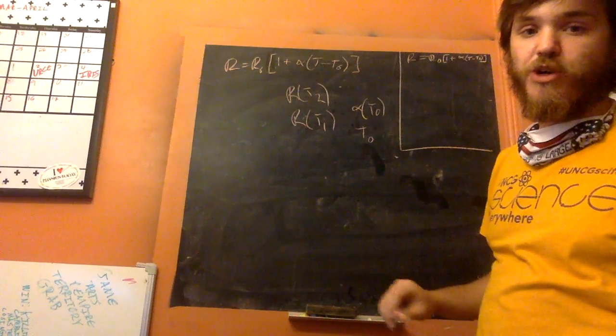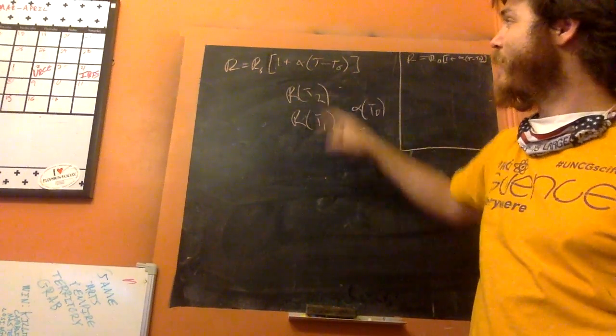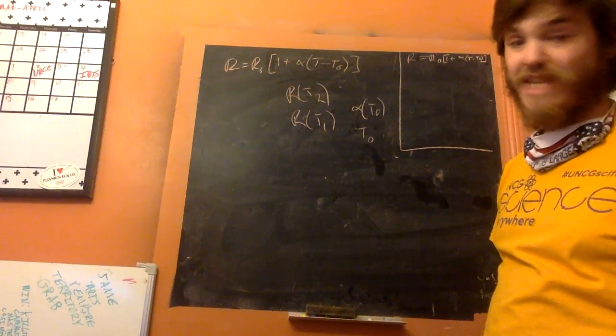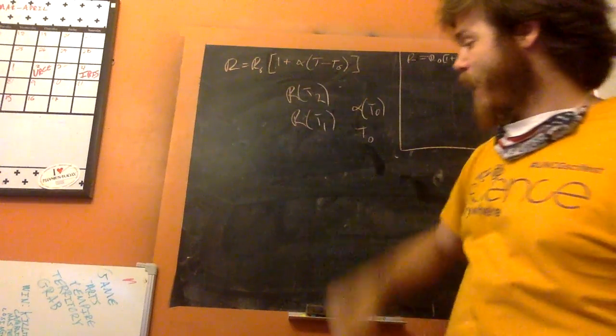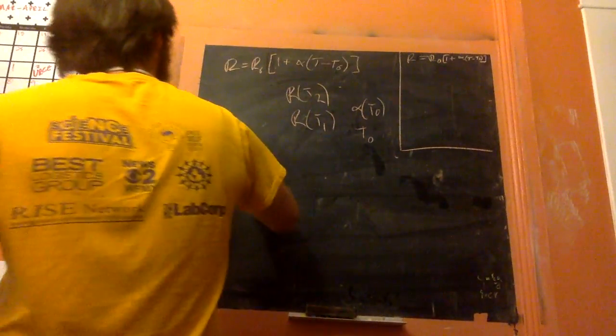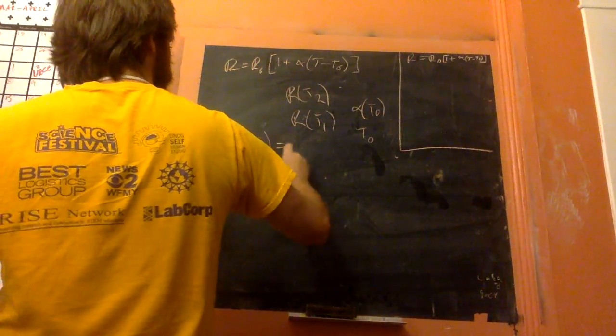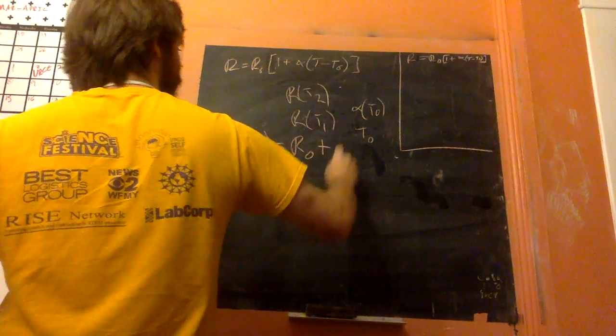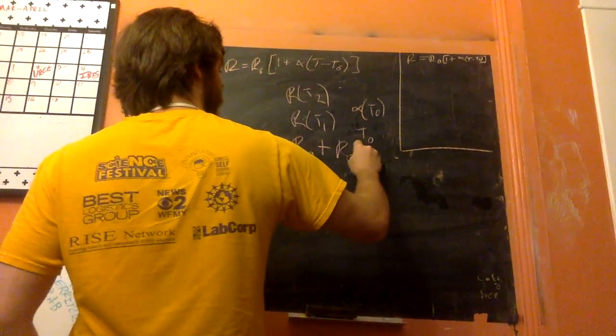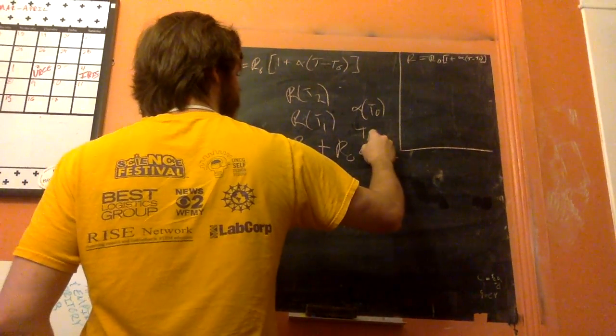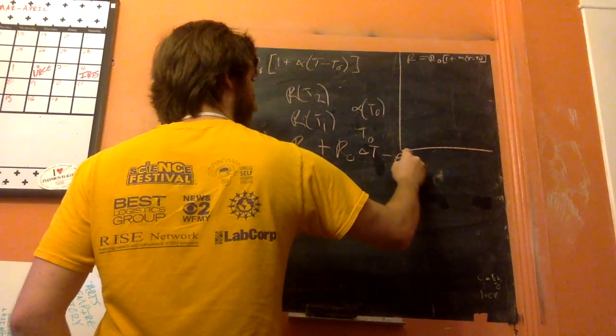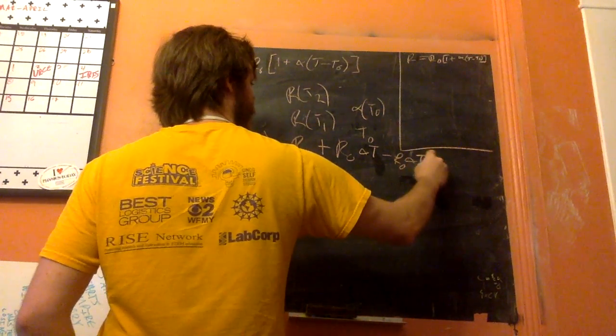So first thing we should notice is when we FOIL this out, we get something linear in terms of t. T0 is a constant, so we get R of t equals R0 plus R0 alpha times t minus R0 alpha T0.